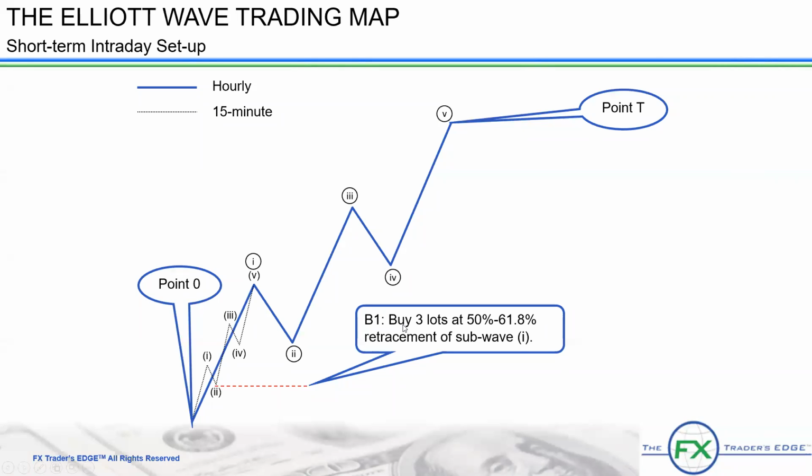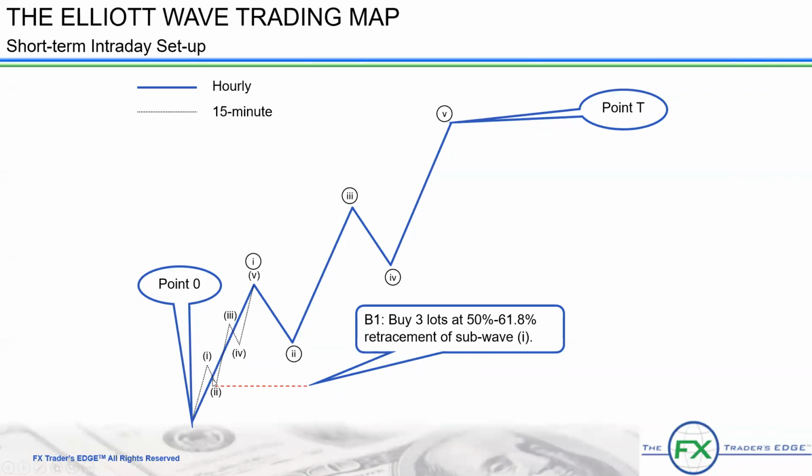And we decide to buy 3 lots, and that's my way of saying it's lots in currencies, but you could be trading stocks. 3 out of the 10, 3 positions. You buy 3 out of the 10 at a 50 to 61.8% retracement of subwave 1.